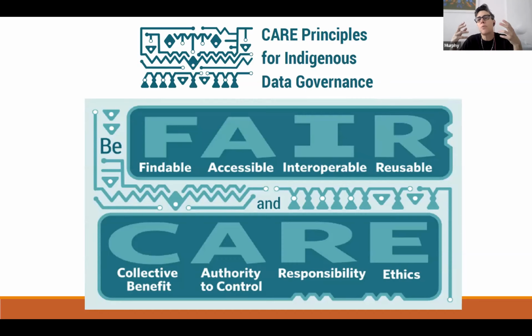And one of the beautiful things about Indigenous data governance and justice is that it looks not just at how to make data accessible, but at how the governance of data and platforms and the ways that we come together and govern and take care of each other are part of our data and platform practices.